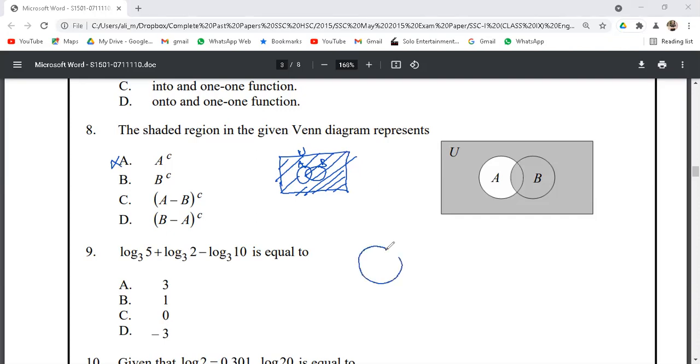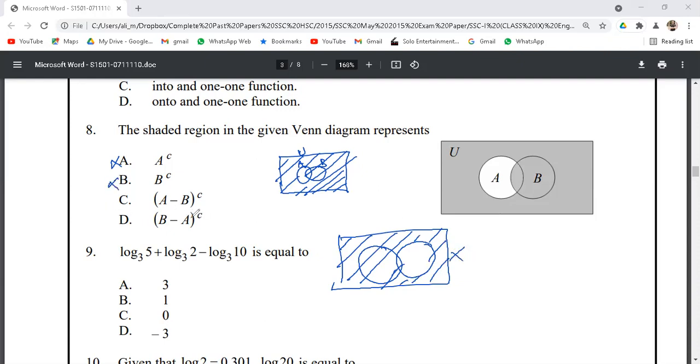If we talk about the second option, B complement, if we subtract set B from the universal set, we will get this region as the answer. So this is again an incorrect answer.